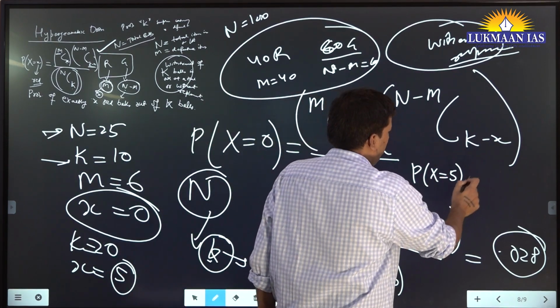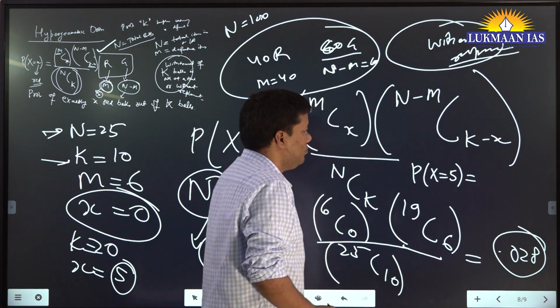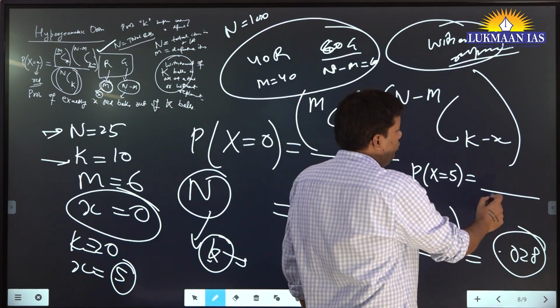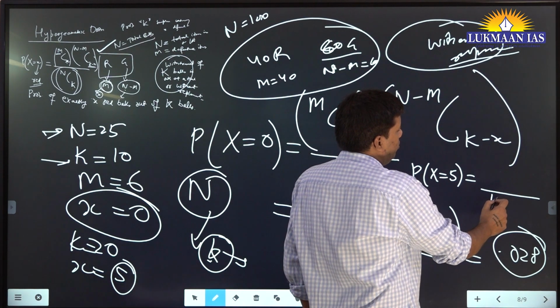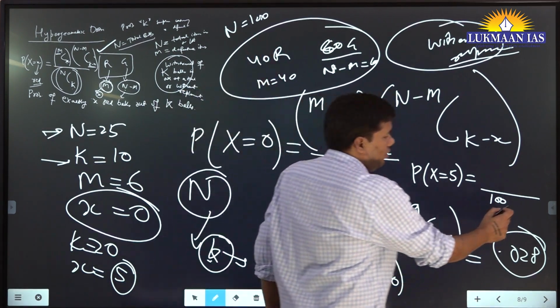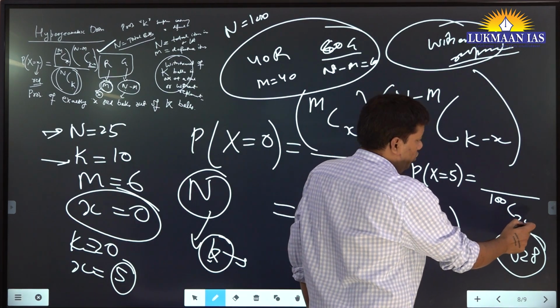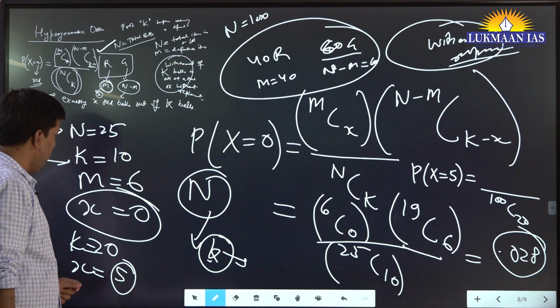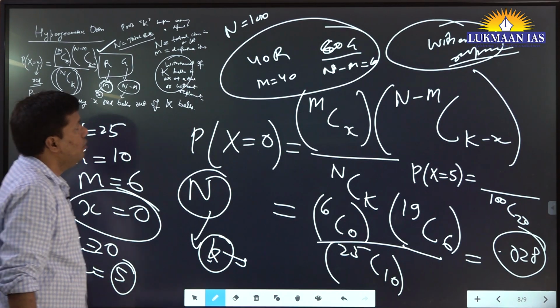Is equal to M C 5, M is 40. Total quantity, how much? 100. Then 100 C 20 in the denominator. And in the numerator, 40 C 5.